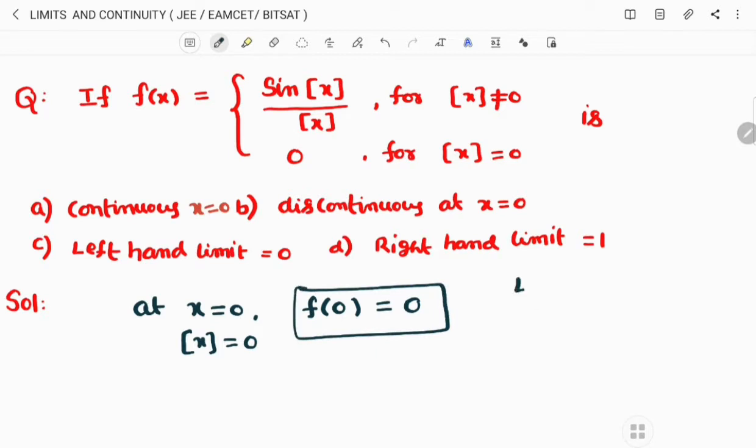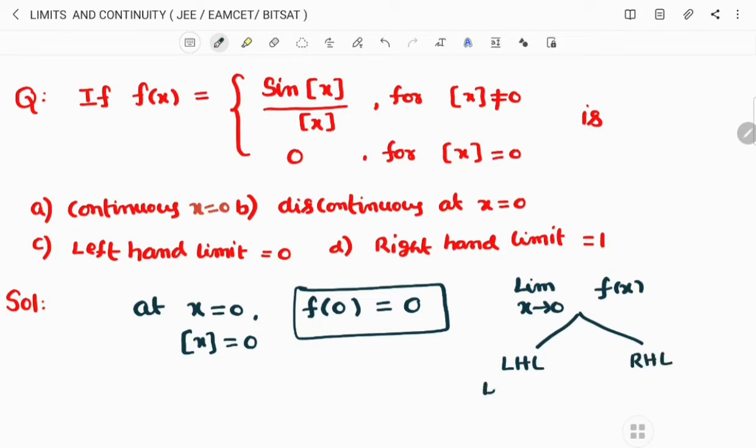So limit x tends to 0, f of x. When will this limit exist? Whenever left hand limit and right hand limit exist.